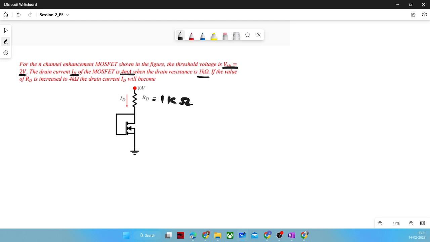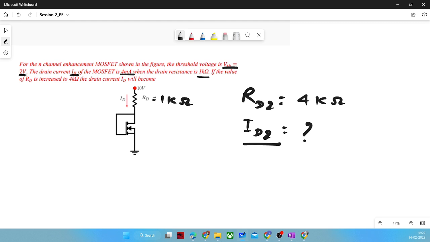Now we have to find ID when RD2 becomes 4 kilo ohm. In that case we will assume the drain current would be ID2, and that you have to find out.